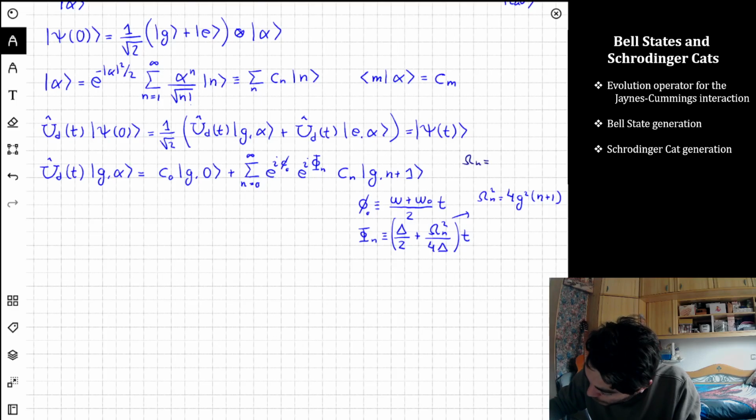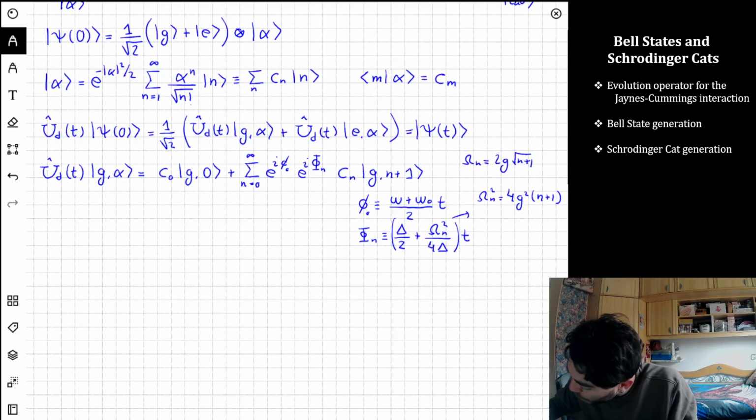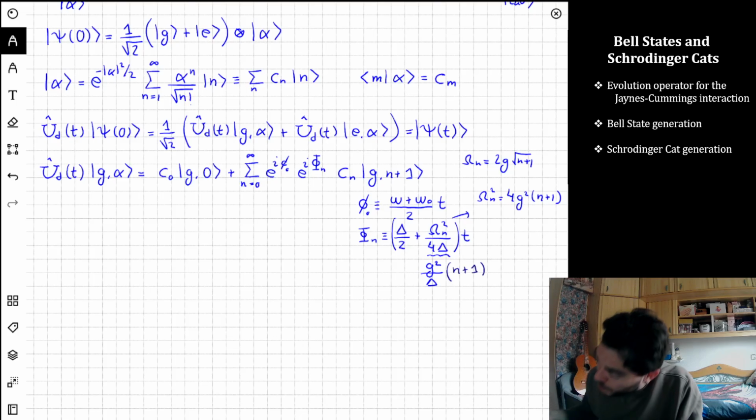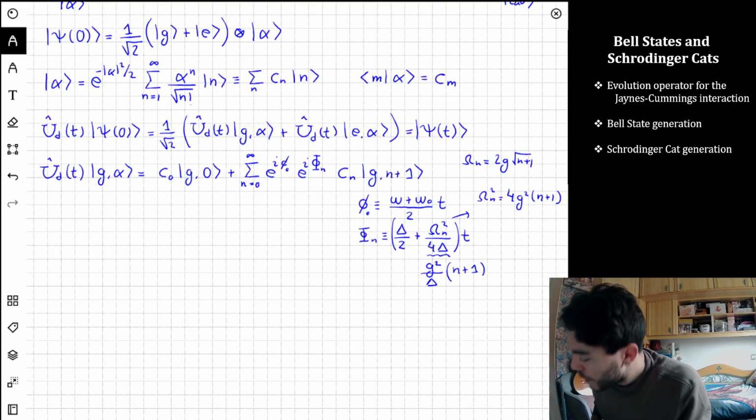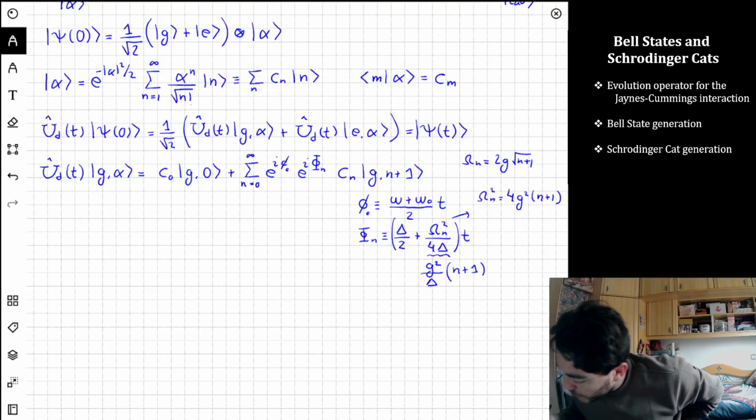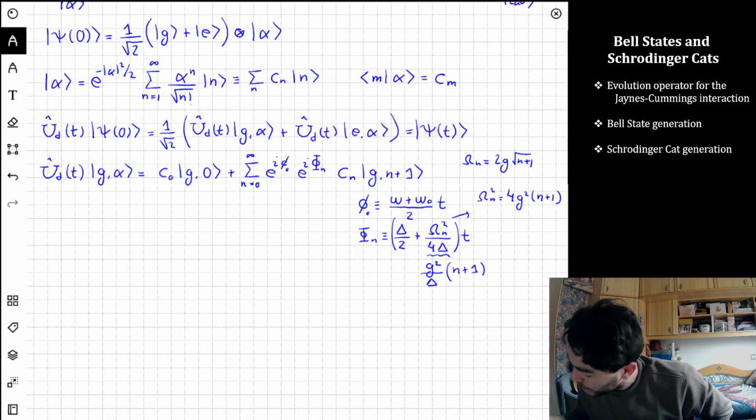Just to be mega clear, omega_n is 2g square root of n plus 1. So we divide by delta, well, by 4 delta actually. Here what we actually have, just to be explicit, is g squared divided by delta times n plus 1. So this is important, it's in the exponential, that is linear in the exponent.